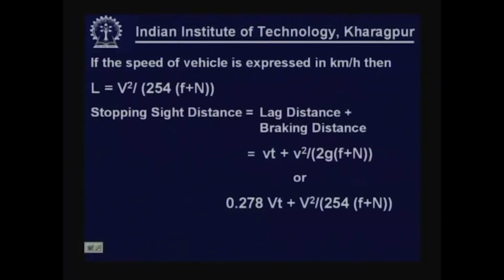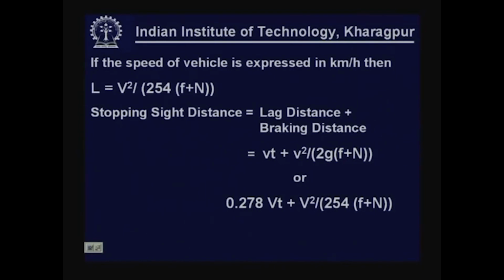Now, if again V is expressed in kilometer per hour, then L will be V square by 254 into F plus N. So, therefore, whenever there is a grade, the required stopping sight distance equals lag distance plus braking distance.